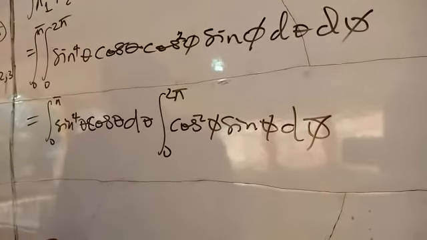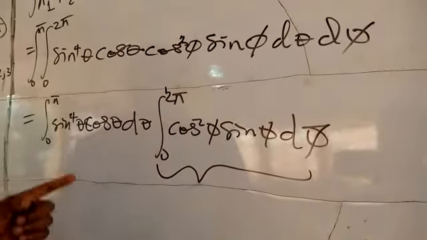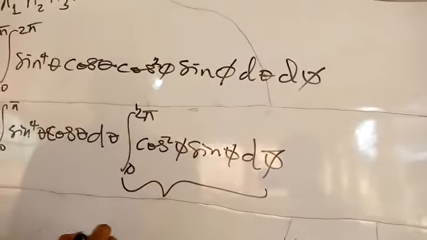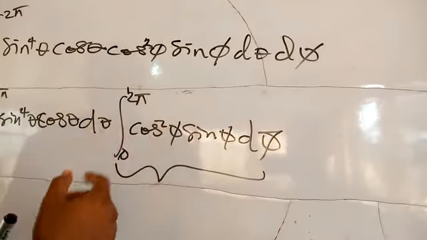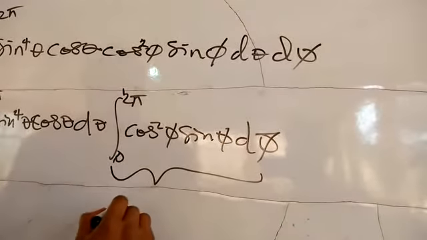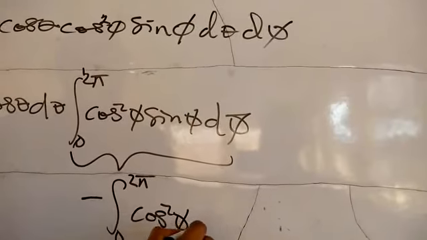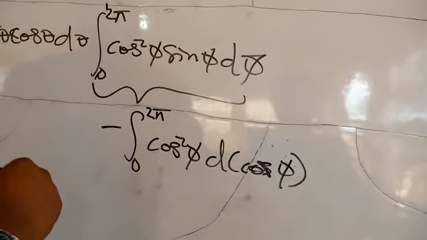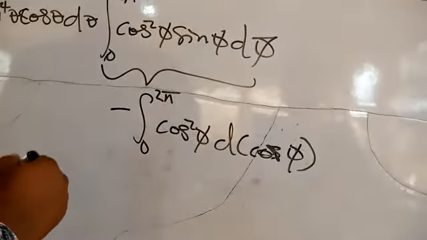Okay, I guess I'll simply just focus on this. Hopefully it will be simpler, and then I won't have to bother about that. That's, of course, if this is 0. Okay, now this again, like I said before, my only move therefore is to write this as minus the integral from 0 to 2 pi of cos squared phi d, but then of course phi. So that when I differentiate this, I get minus sine phi, which is cancelled by this minus. This is what I get for this.